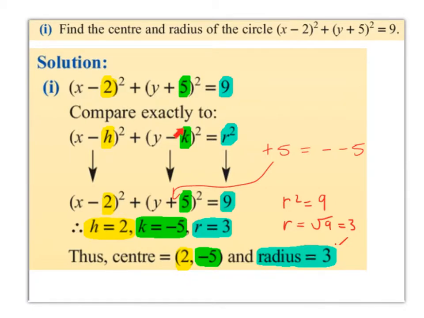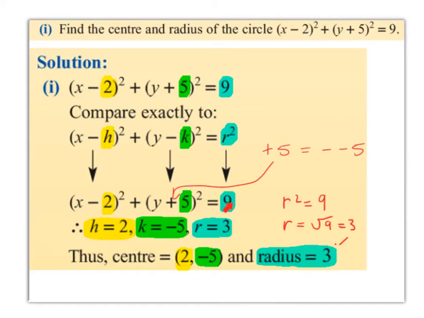And k is not exactly 5 because we have a plus here, and plus 5 is the same as minus 5. So minus k is equal to minus 5, so k is actually equal to minus 5. So minus 5 is our y value.